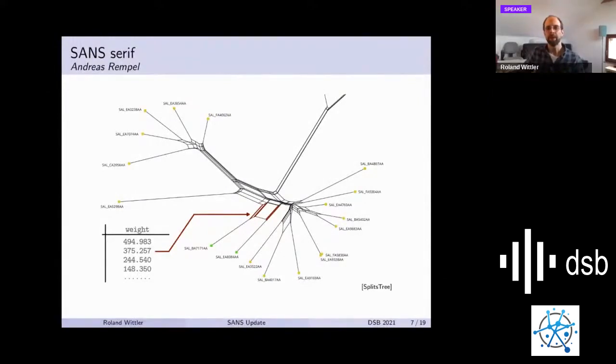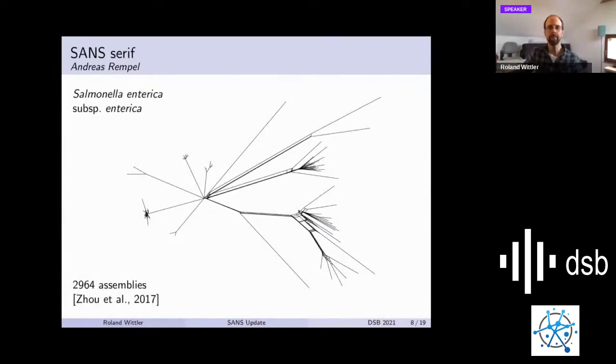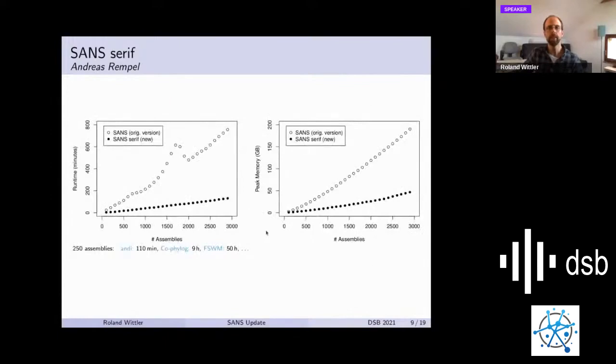Yeah, so this is how we get the phylogeny. For an evaluation, we took a data set of about 3,000 assemblies of Salmonella subspecies. And here you see the runtime and memory. First, the runtime. Here you see the runtime of the original implementation with Bifrost and our trie data structure.